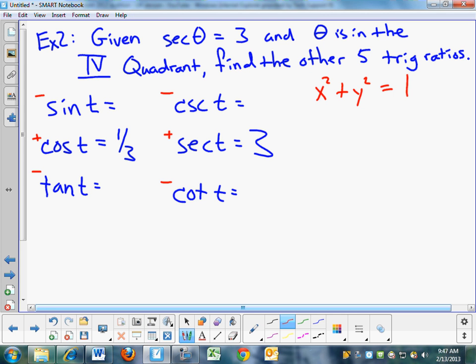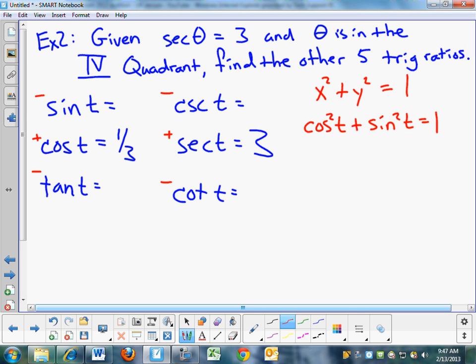So which value does x represent, sine or cosine? What does y represent? We always know that's true. How is that different from what we just wrote? Not a lot. But a lot of people look at that and wonder, why is sine squared plus cosine squared equal to 1? Well, hopefully now it sinks in. Cosine is your x value. Sine is your y value. And when you square them, they're going to be equal to 1.